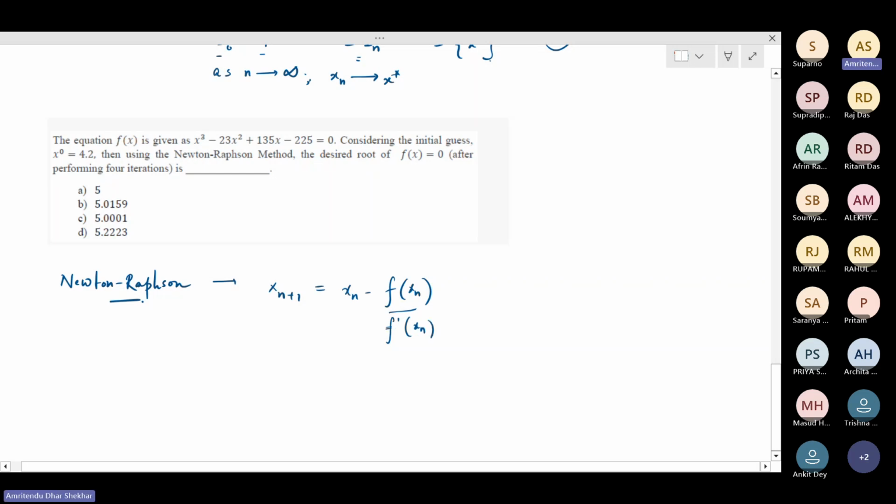Immediately you notice that for the Newton-Raphson method to work, you require the function to have at least one derivative. Otherwise, it will not work.